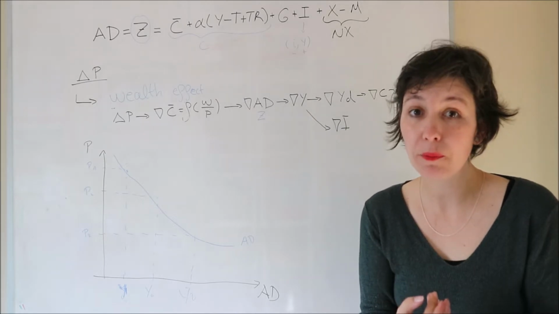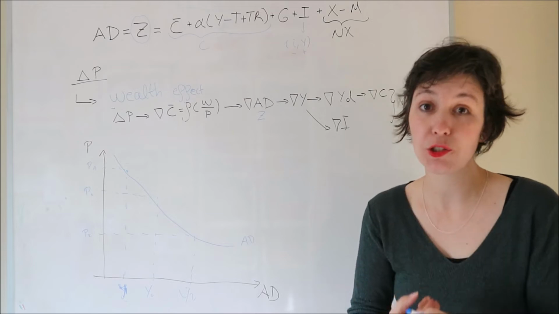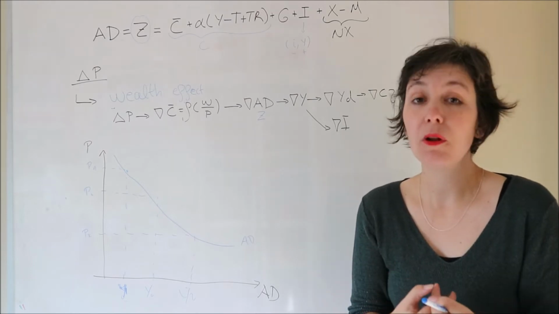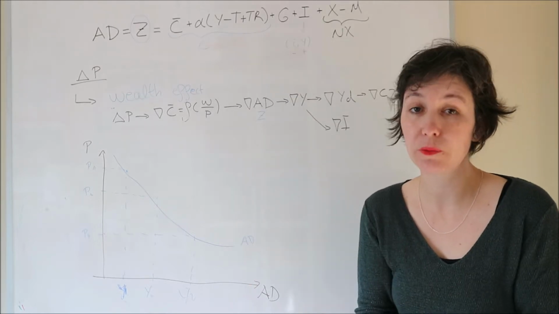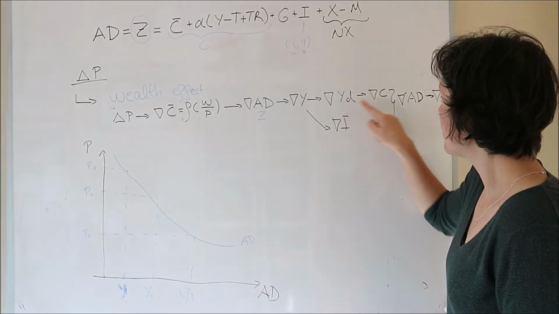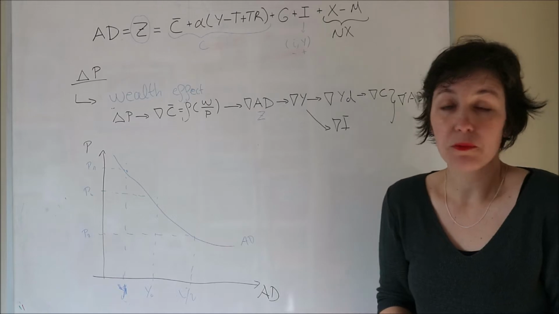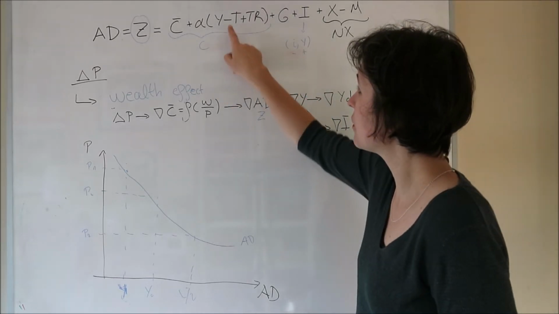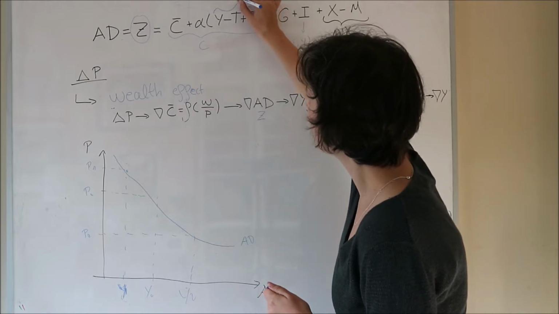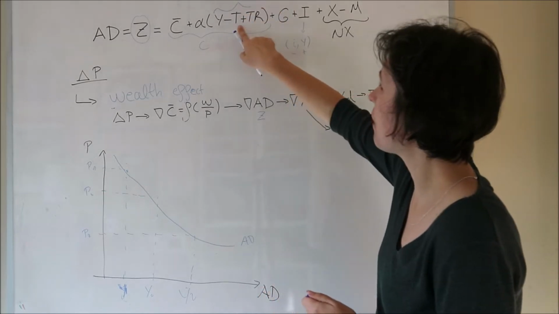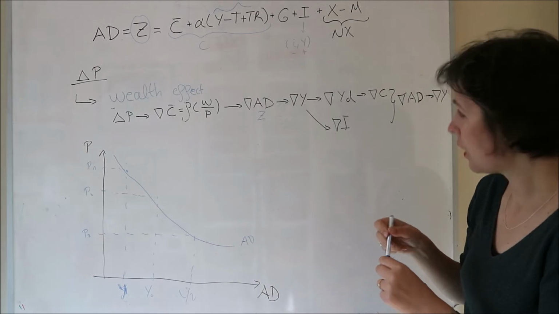So there are going to be people that are going to lose their job. So the disposable income in many households, or some of them, is going to decrease. That's going to mean a lower consumption, because if you remember, consumption is related with the disposable income, which is income minus taxes plus transfers.